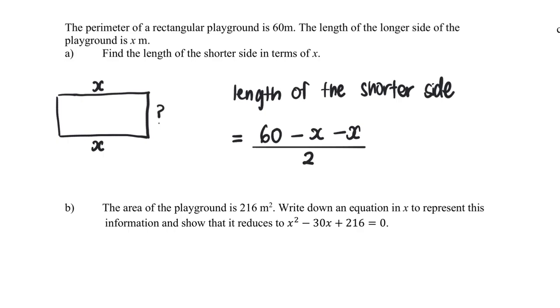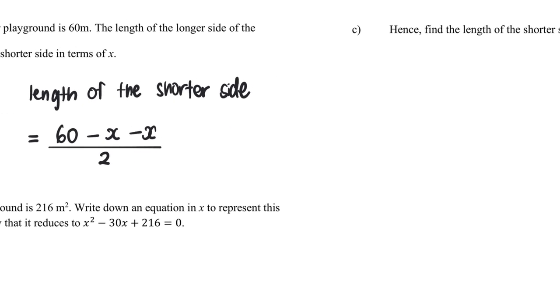Okay. So this one will be equals to 30. Let me just create some space. So this one will be equals to 60 minus 2x over 2.